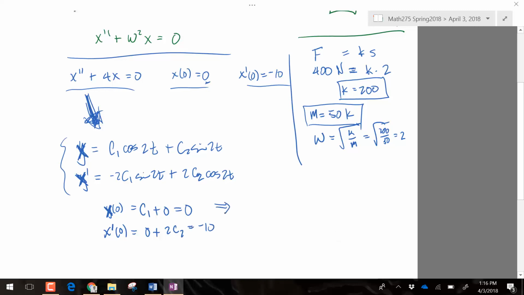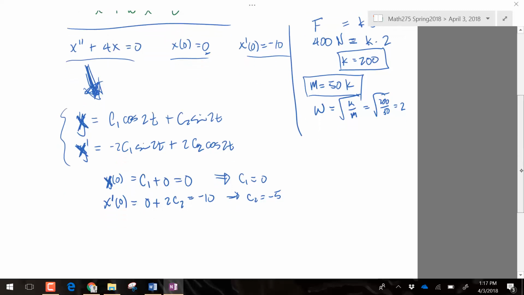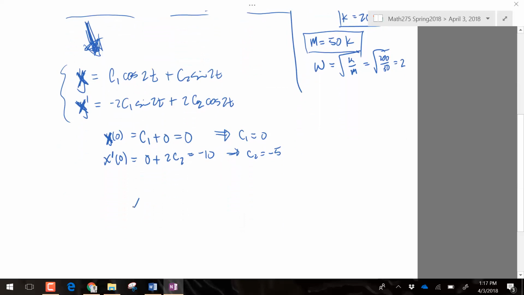So it looks like C1 is equal to 0 and C2 is equal to negative 5. And so we get our solution: x of t is equal to 0 minus 5 sine 2t.